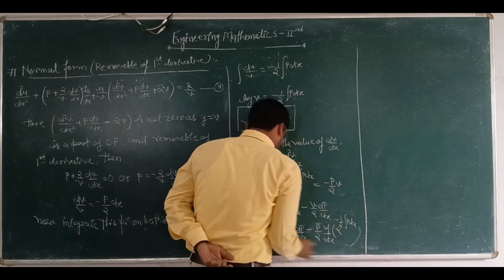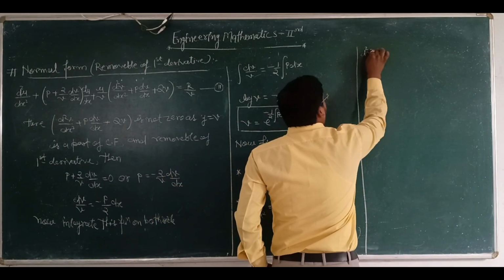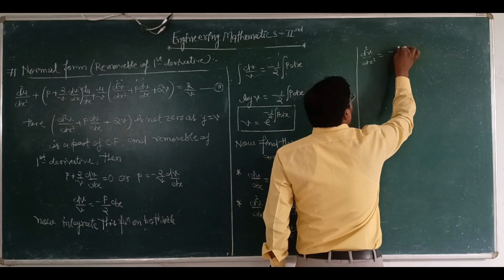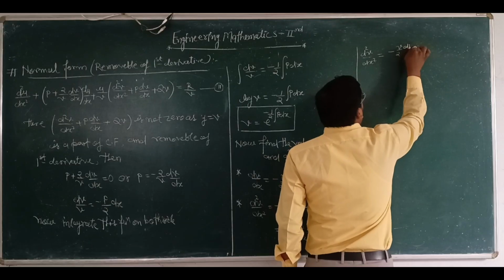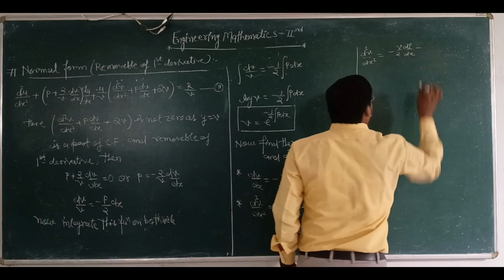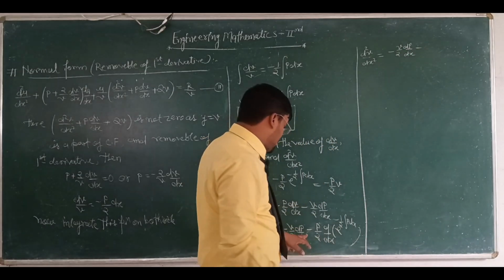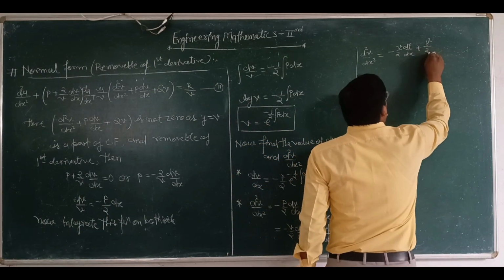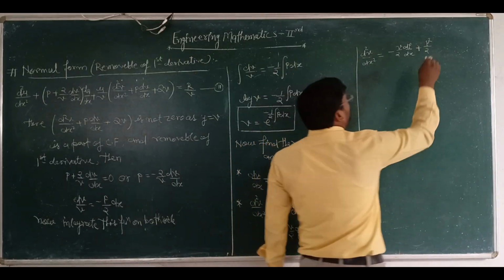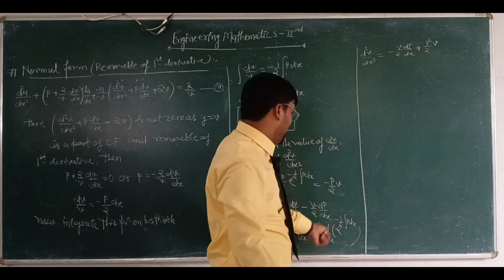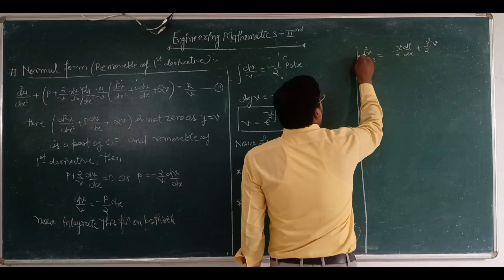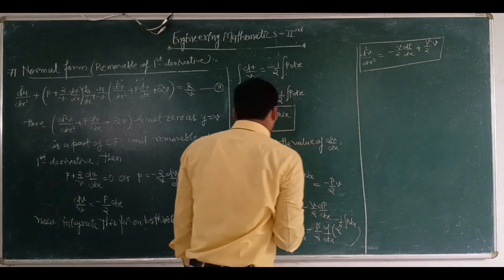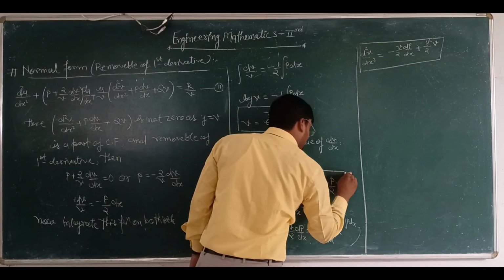Now you can solve this equation. d2v of dx2 is equal to minus v by 2 dp of dx plus p square by 4 into v. Now this is the value of d2v of dx2, and this is the value of dv of dx.